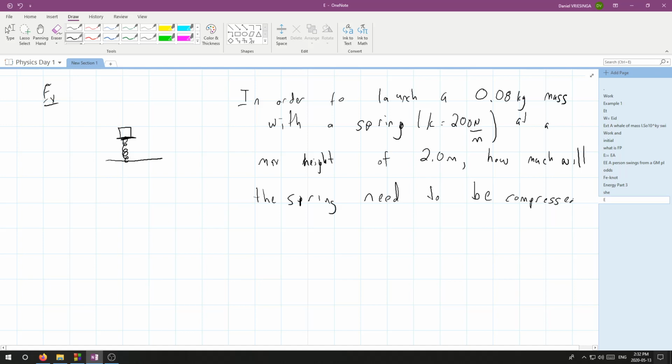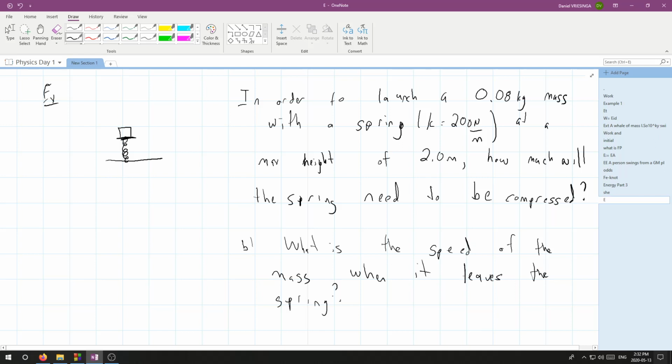So that will be part A, I guess. And then part B will say, what is the speed of the mass when it leaves the spring?